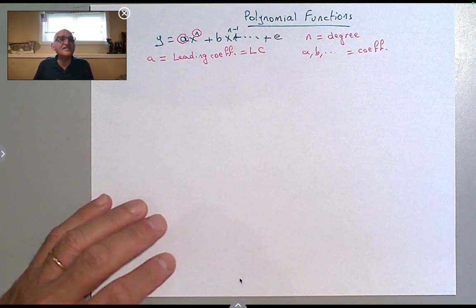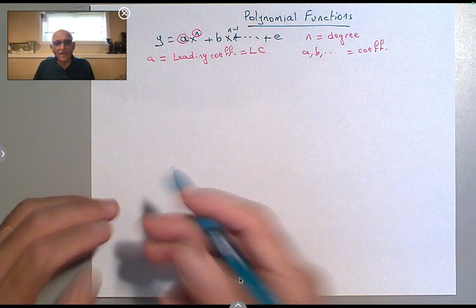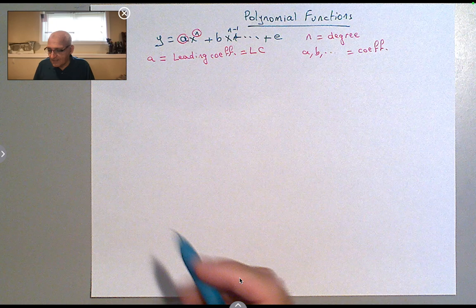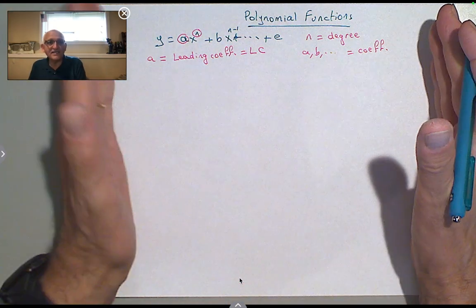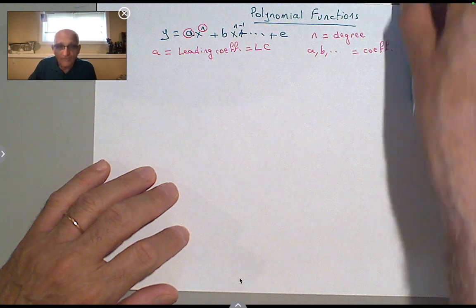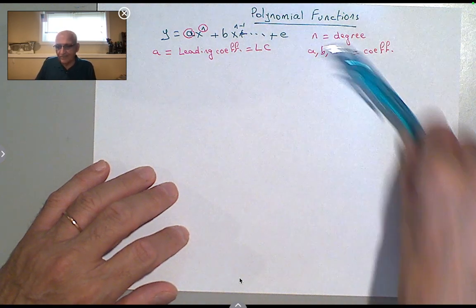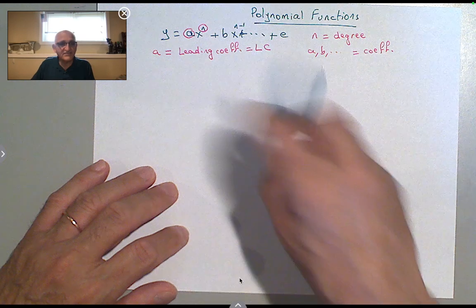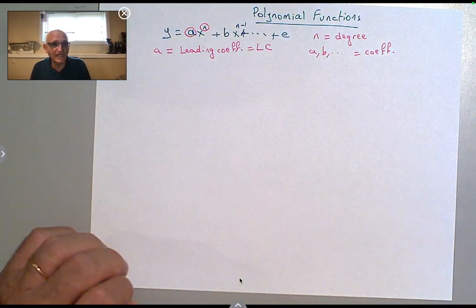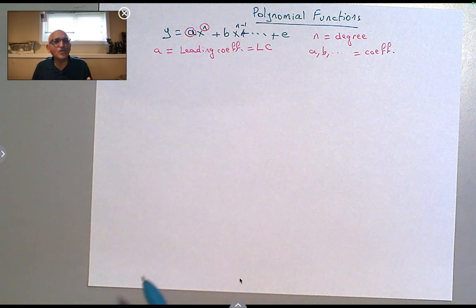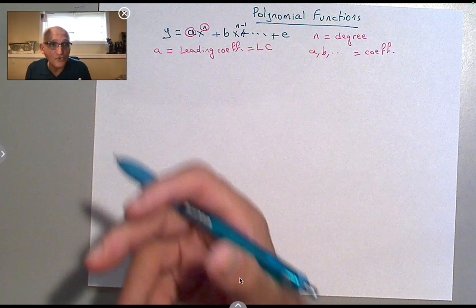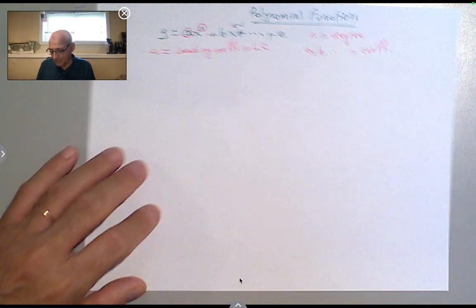But if n is any power, 1, 2, 3, 10, 100, it doesn't matter, then the right end and the left end will definitely end up going up to positive infinity or down to negative infinity. And the left side also going either up to positive infinity or down to negative infinity. So how do I know the end behavior? The end behavior helps me figure out an easy way to plot the function.